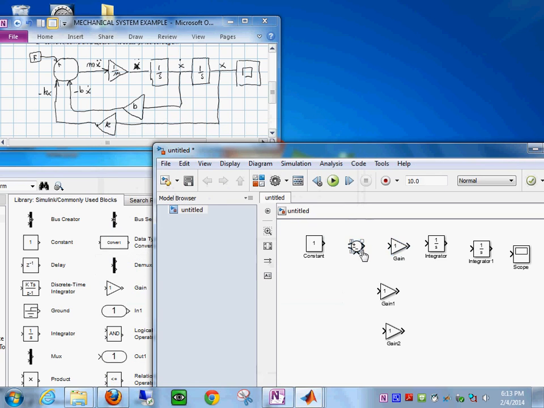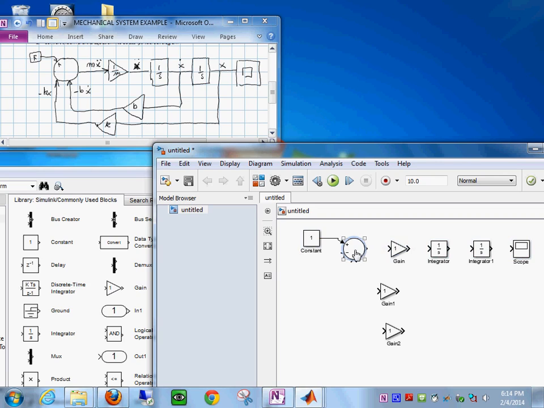So we need to make it a little bigger so that it's clear what we're doing. So let's just move it like that, and line them up so that they look nice. And here we connect this input in here.